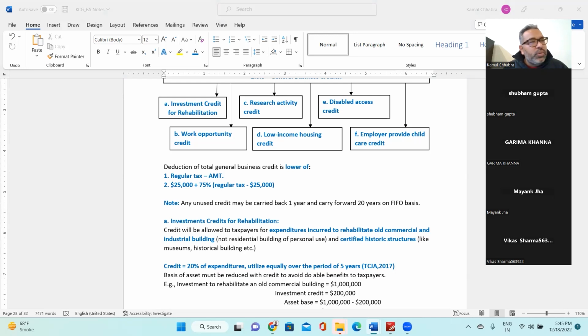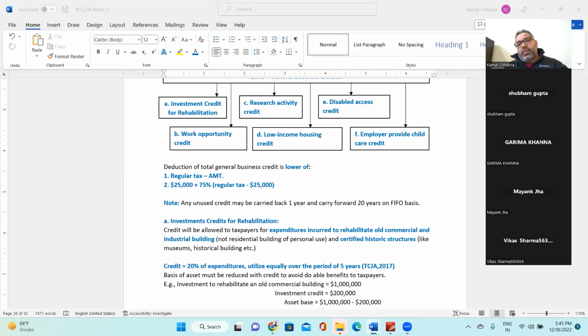Out of this $200,000, how much tax credit can we avail in the current year? 20% of $200,000, that is $40,000. And the rest of the $160,000 we will utilize in equal installments over the following 4 years, right? Like $40,000 each year for the 5-year period.